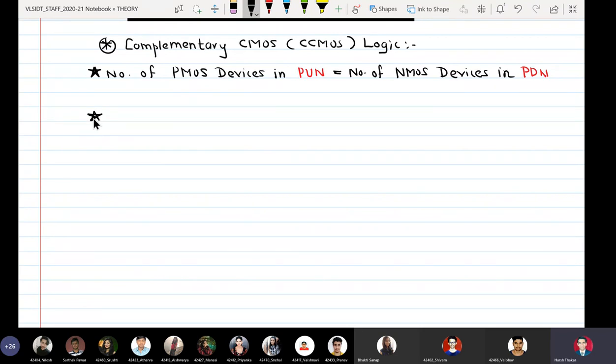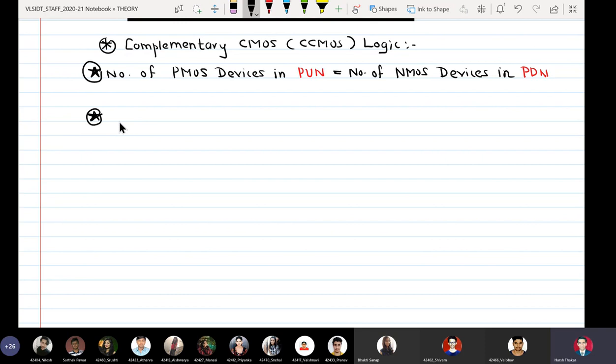Now we are going to frame some additional rules: if a Boolean expression is given, how can we stepwise generate the transistor level schematic?